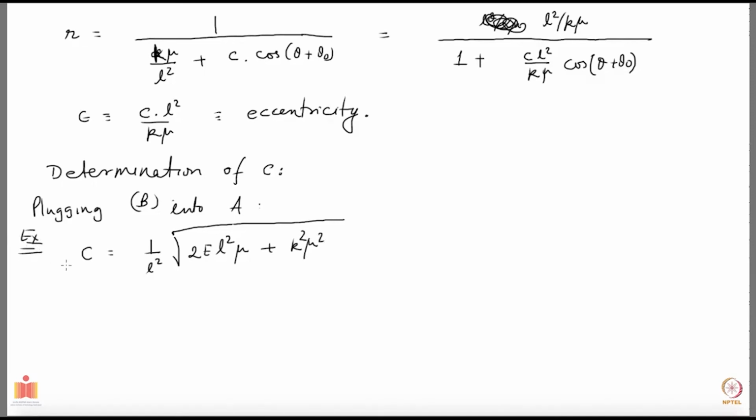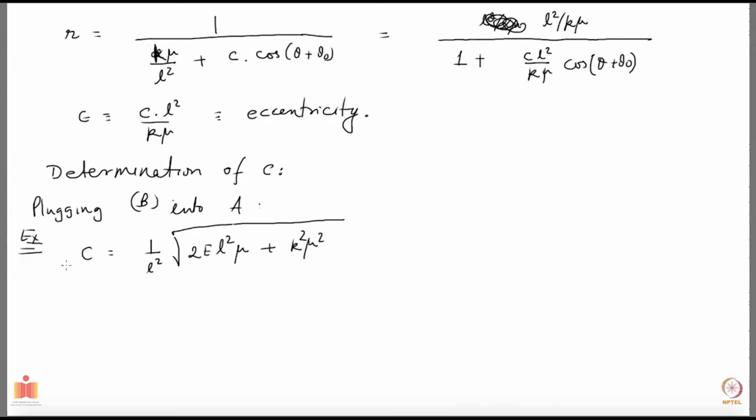Okay, that's nice. Correct. I realized there's a small mistake. Instead of multiplication, I have written division somewhere in my note.